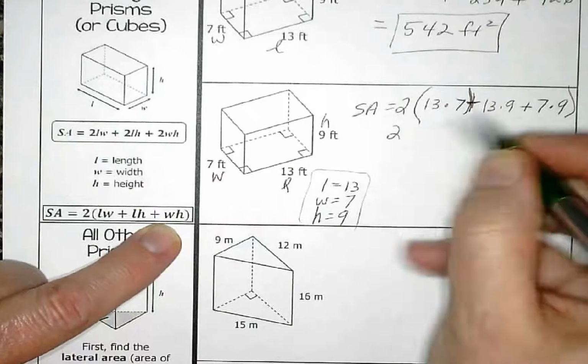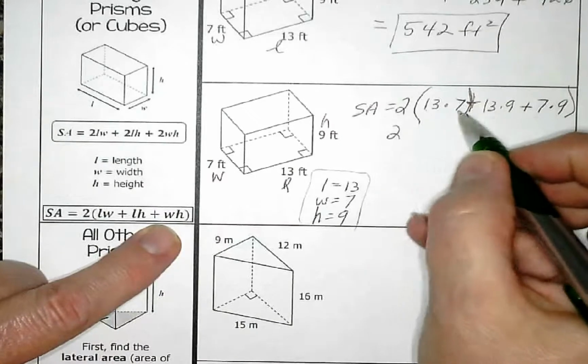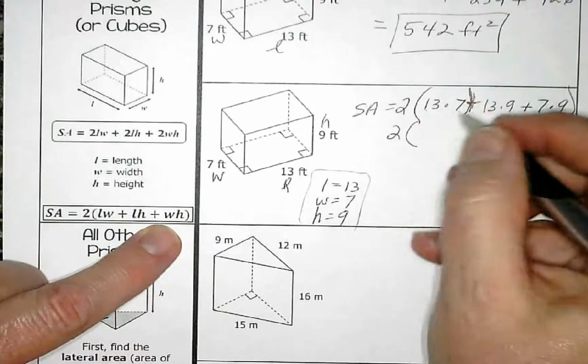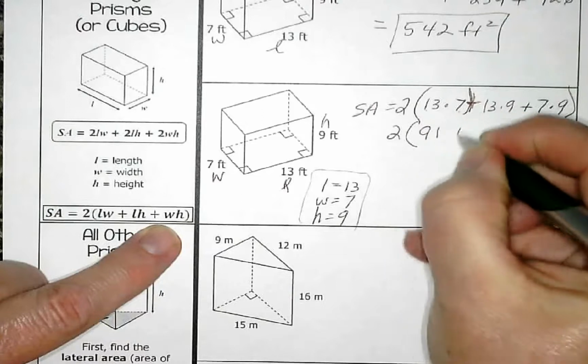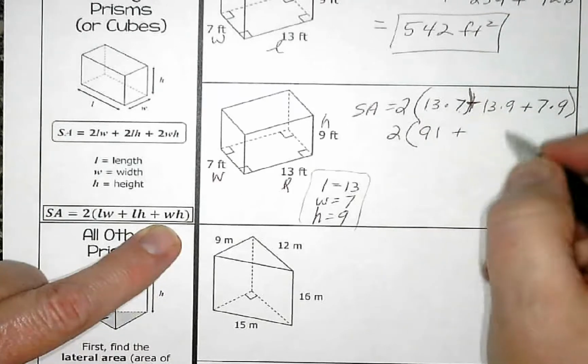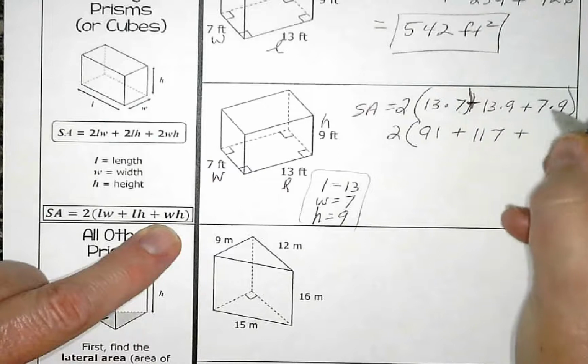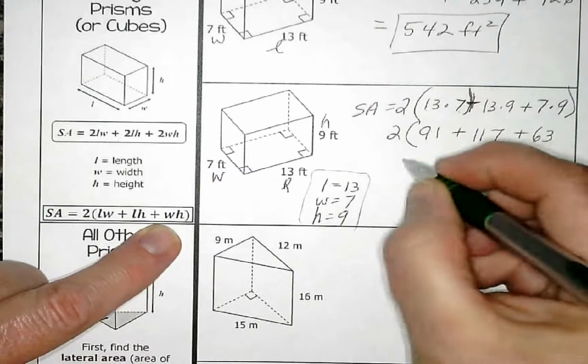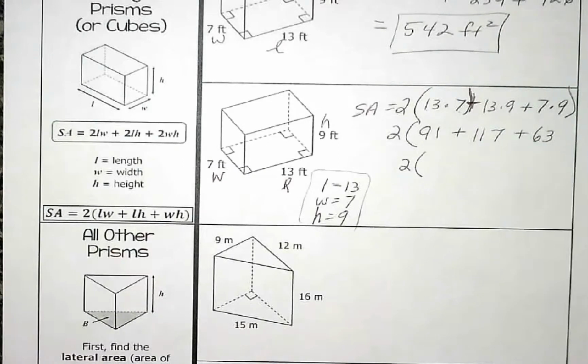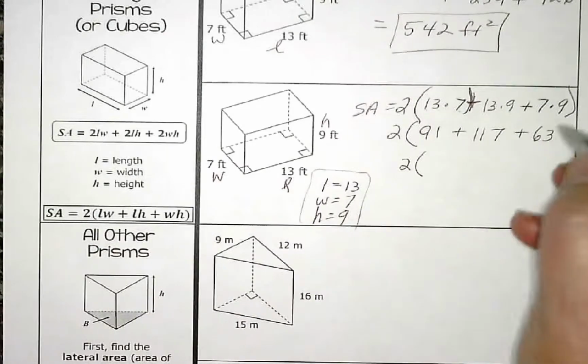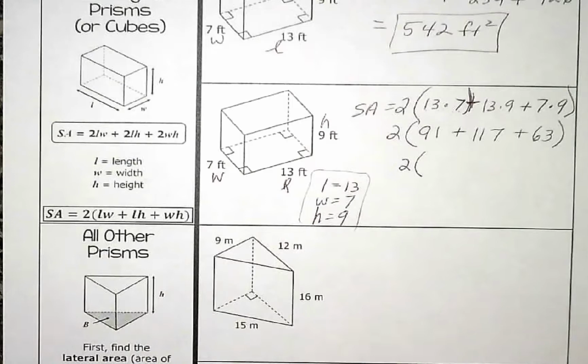So order of operations says I need to take 13 times 7 first. 13 times 7 gives me 91. 13 times 9 is 117. And then 7 times 9 is 63. So we're going to add those together: 91 plus 117 plus 63.